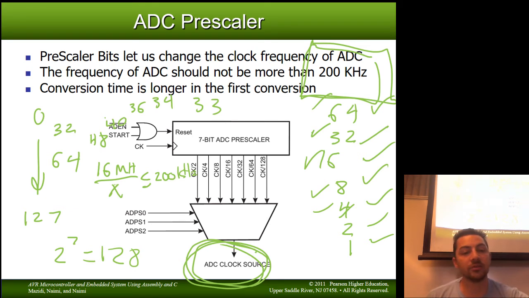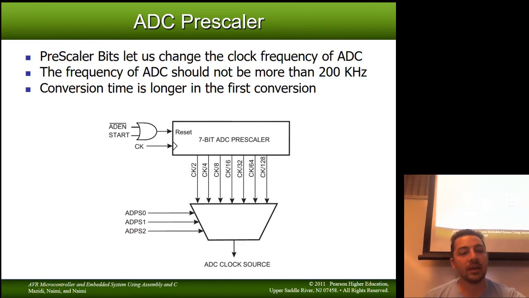Yeah, switch x and 200 kilohertz. So what I end up with is 16 megahertz divided by 200 kilohertz must be less than or equal to x. Did I do that right? Yeah.